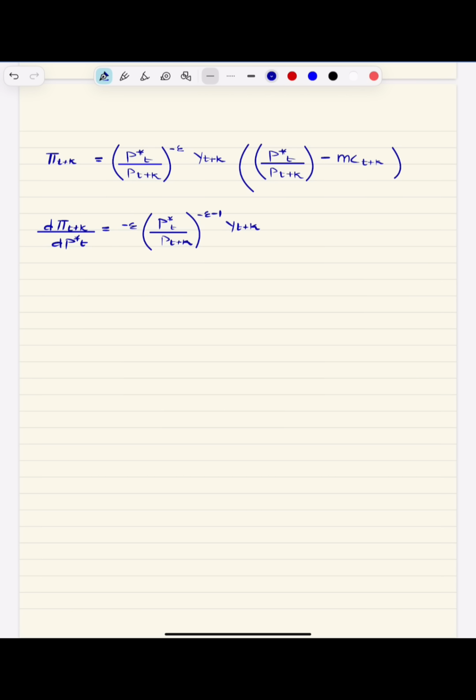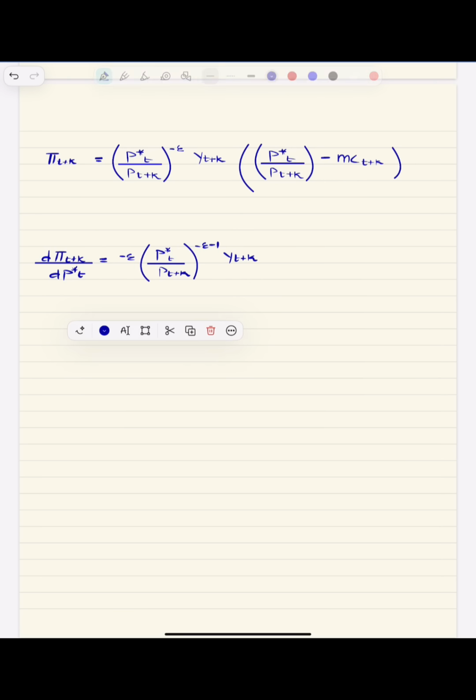Let's just keep it that way. Oh, actually, I was about to just treat this as a constant, but there's a p star here as well, so we'll have to use the product rule, unfortunately. So, okay, let's call this our u and this our v.